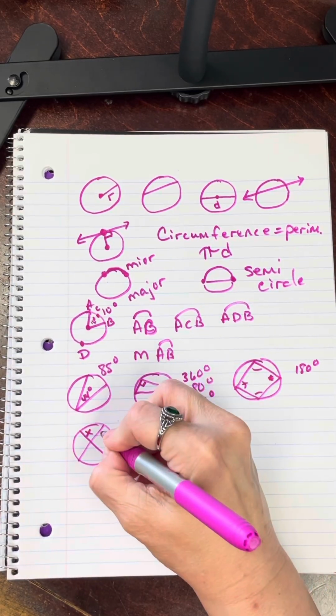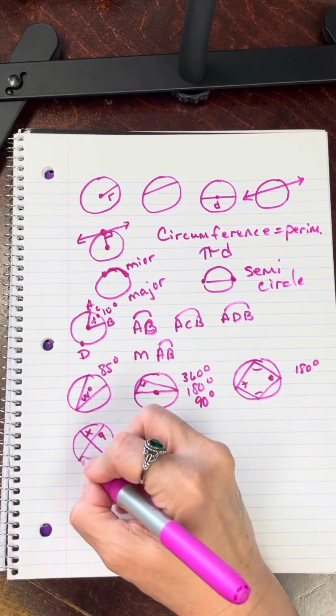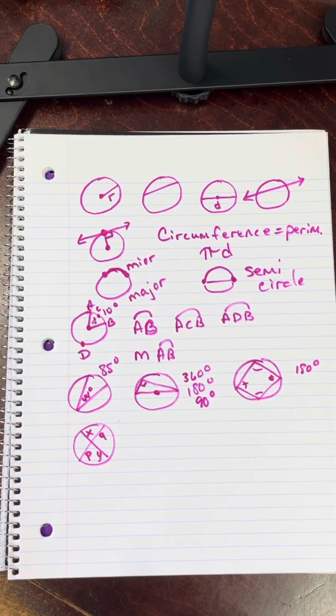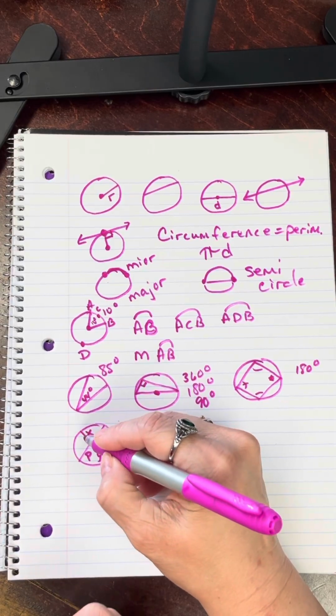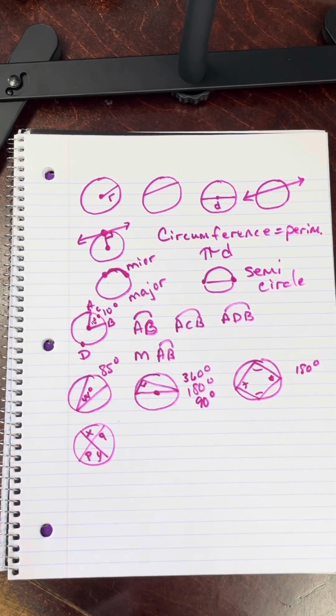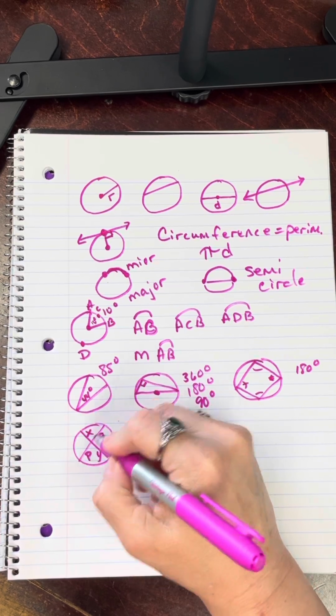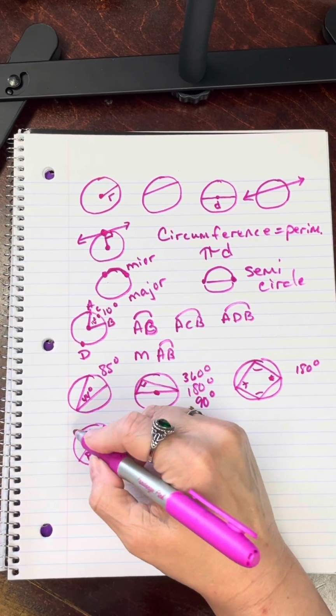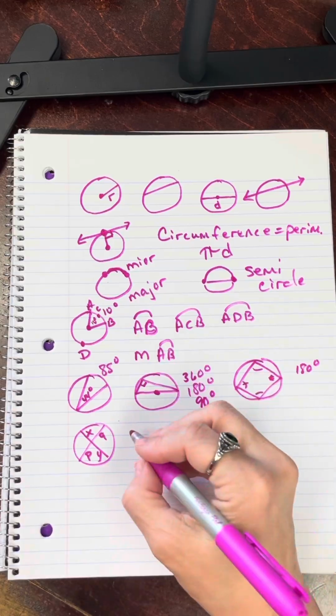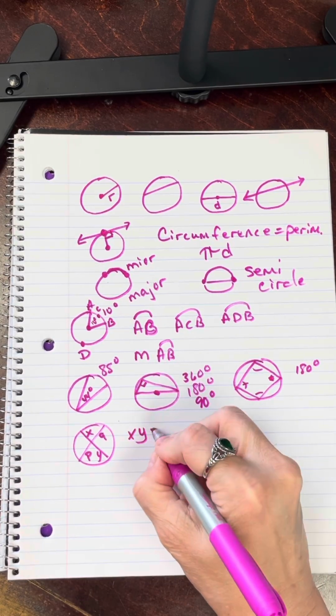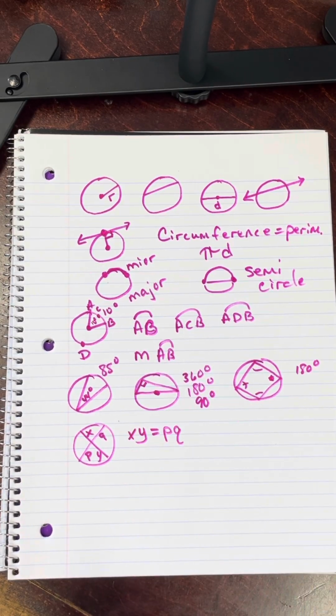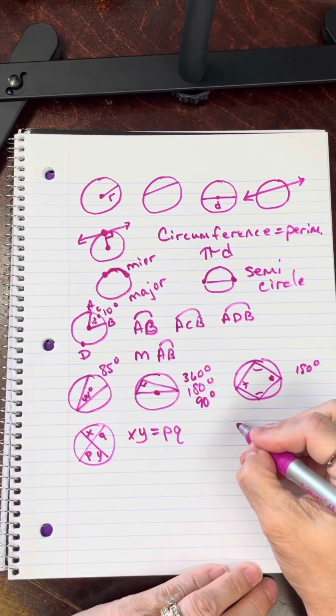And they label these pieces X, Q, P, and Y. When you multiply the 2 parts of one chord, it will equal the product of the 2 parts of the other chord. So X times Y has to equal P times Q.